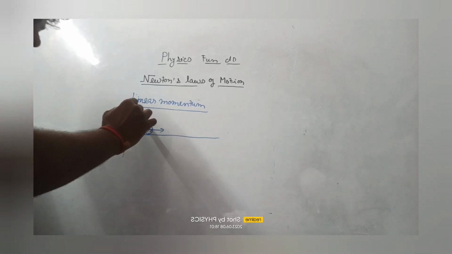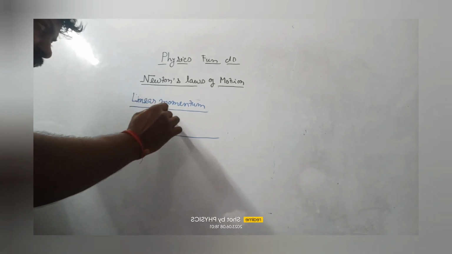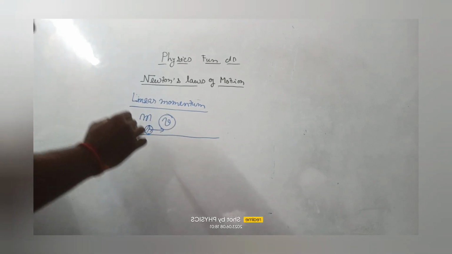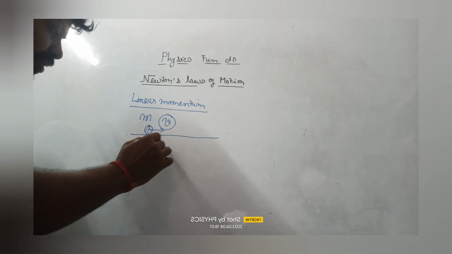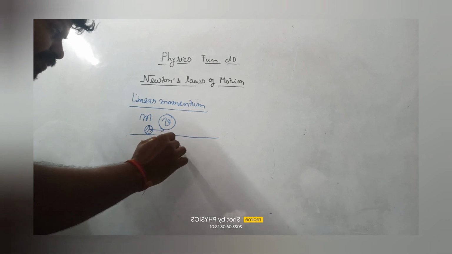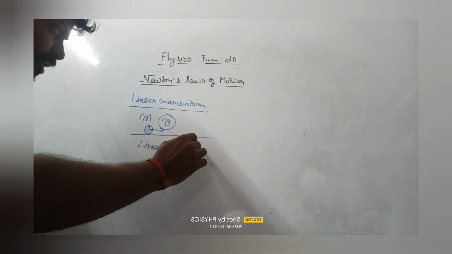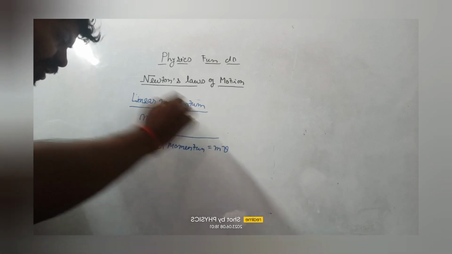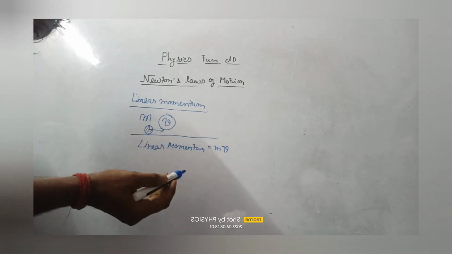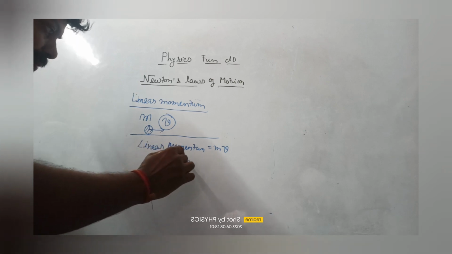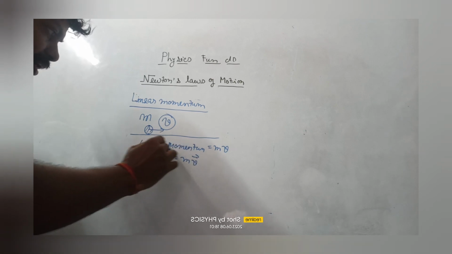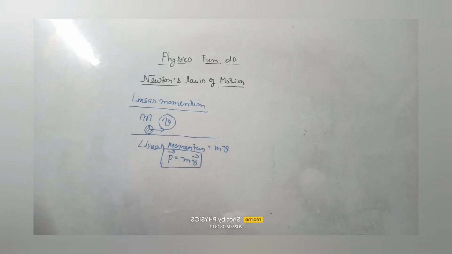Its mass is m and its velocity is v. So the linear momentum equals m into v. Transforming it into vector form, p equals m v. That is the equation: p equals m into v.